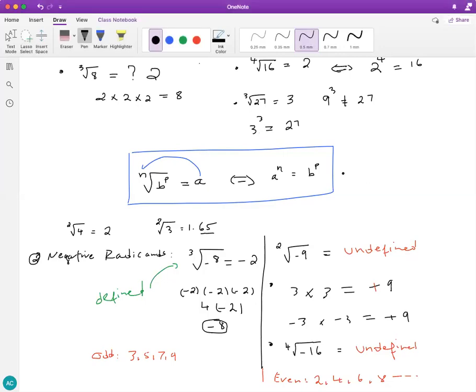Any questions, everybody, at this point, before we move on to the next step? Everyone? No questions. Okay, so now we're going to see some more examples of simplifying radicals.